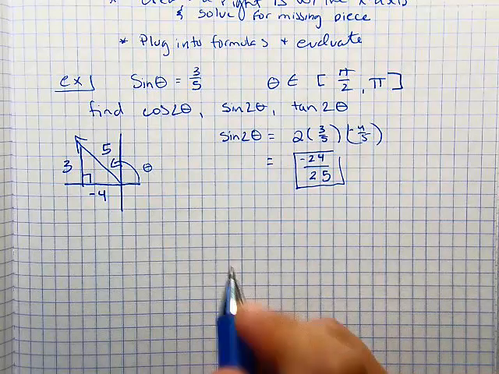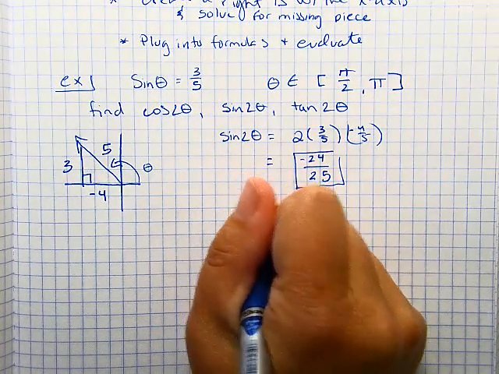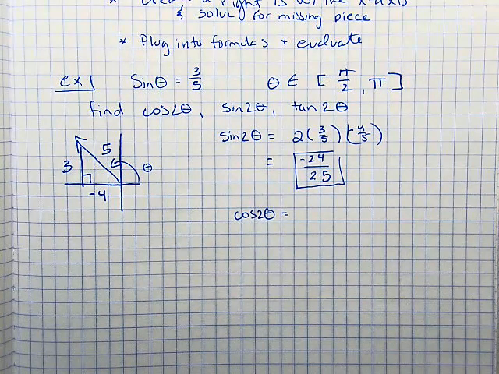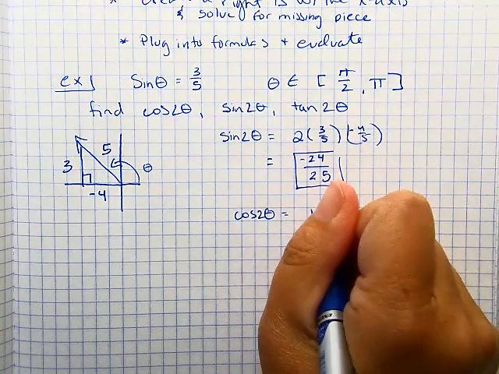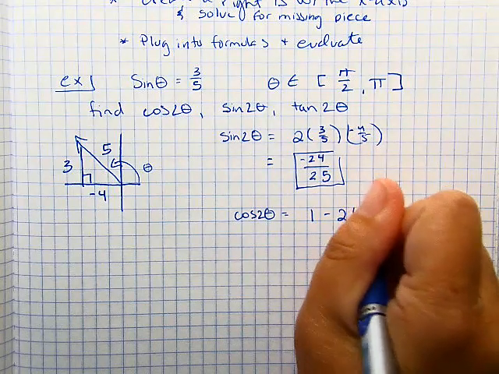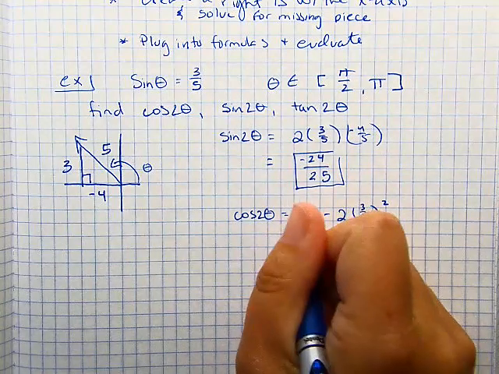Cosine of 2 theta, you will notice there are 3 different formulas for cosine. And you get to pick the formula. I'm going to pick the one that is 1 minus 2 sine squared theta, because they gave us sine, so why not use that one?